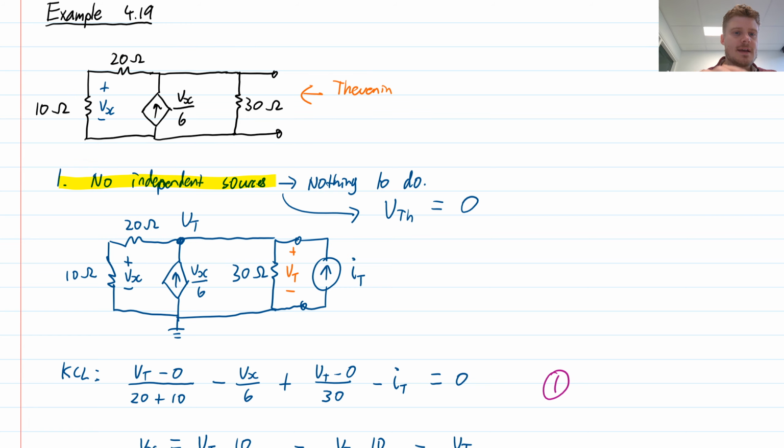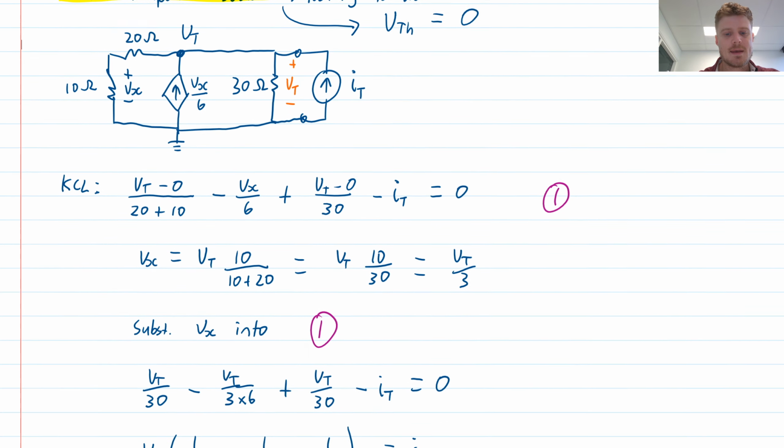The other way that you could have seen that is, well, if there's no independent sources in the original circuit, then there can be no independent sources in the simplified circuit, because they're supposed to represent the same thing. So if there's no independent sources in the beginning, and we clean it up, there still has to be no independent sources.